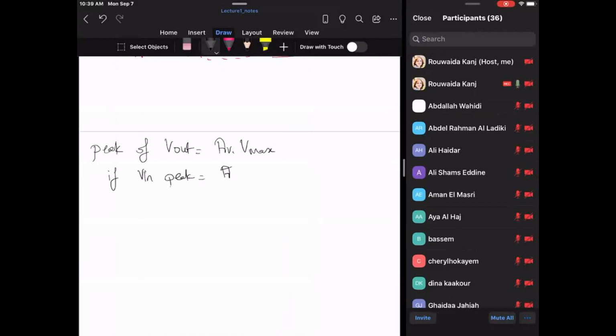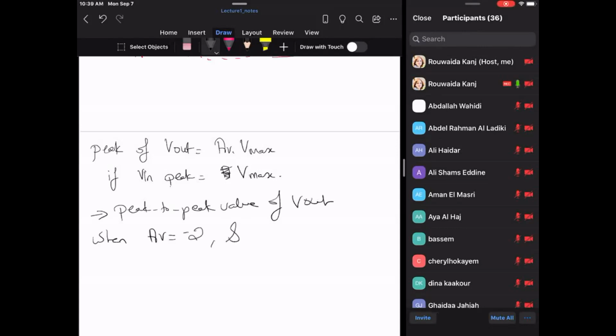And sometimes you get a question: what is the peak-to-peak value of V out, for example, when AV is equal to -2 and Vn is equal to 0.3 sine omega t.